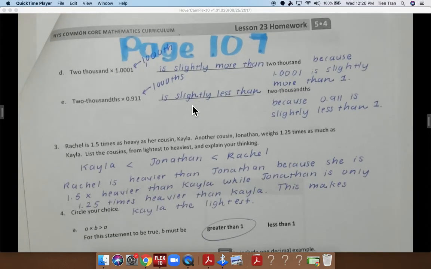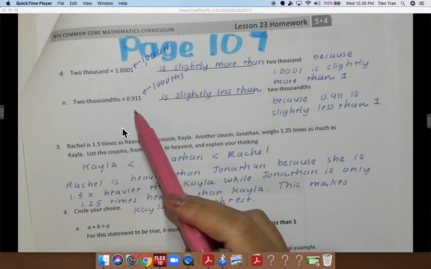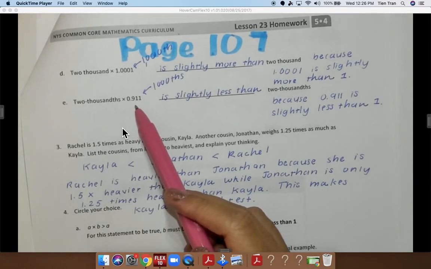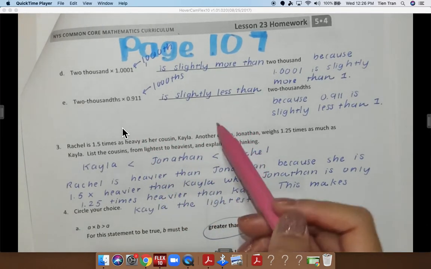So any number that is multiplied by a number greater than 1 is going to be more. If you are multiplying by a number that is less than 1, then it's going to be less.